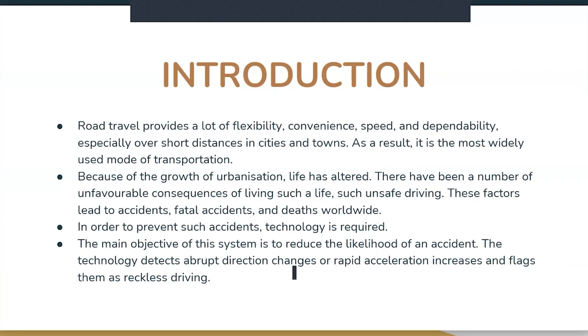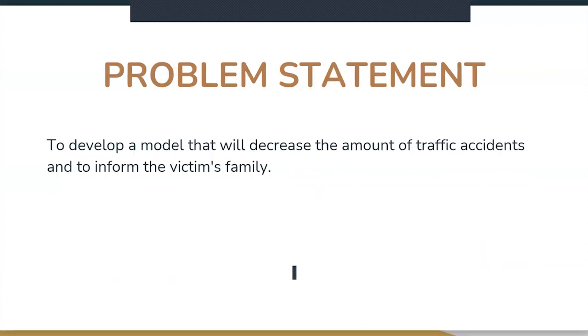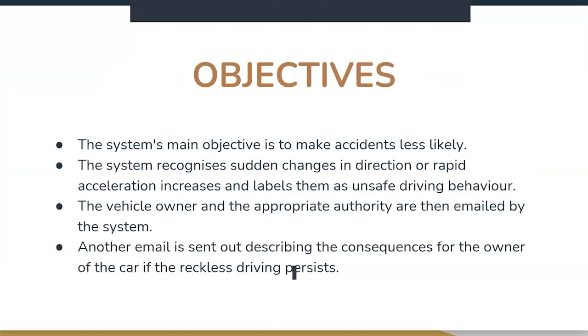But we face accidents in traveling, and for that we have created a system for avoiding accidents. So, the problem statement was to develop a model to minimize or decrease the accidents, and also to inform the victim's family, even if there's rash driving.